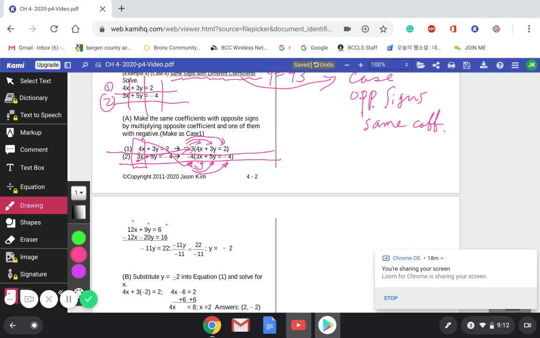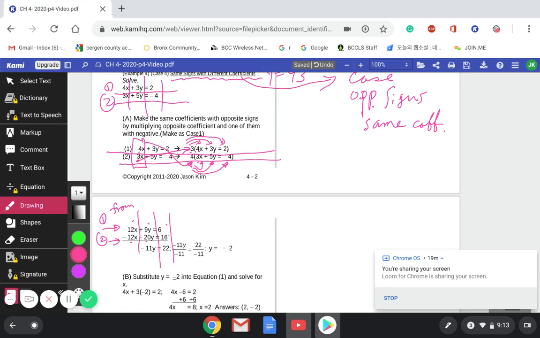Negative 4 times 3x becomes negative 12x, negative 4 times 5y becomes negative 20y, negative 4 times negative 4 becomes positive 16. So that's the new equation that came from equation 1, and the second one is the new equation that came from equation 2. But this becomes a case 1 format.